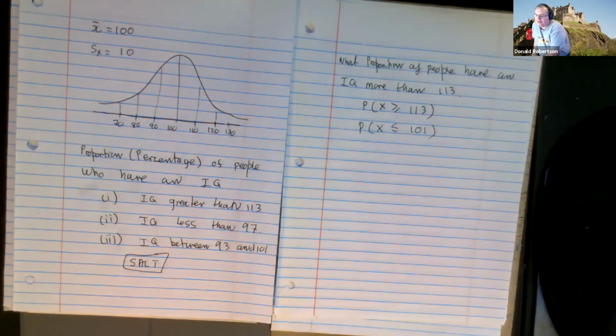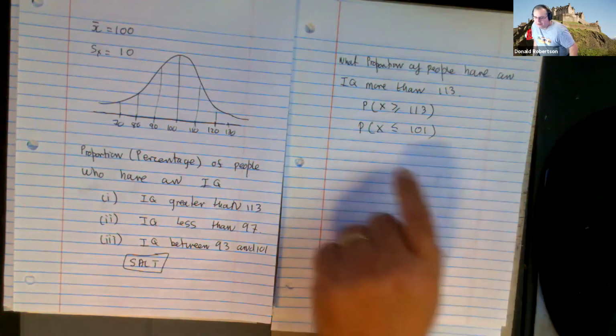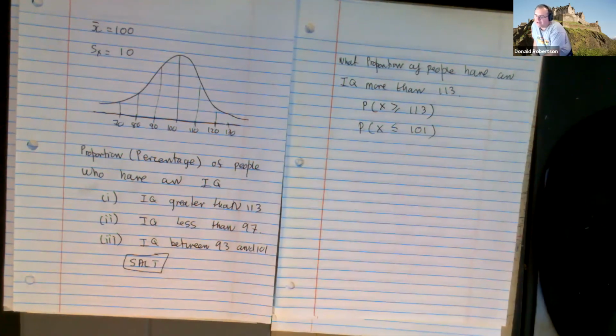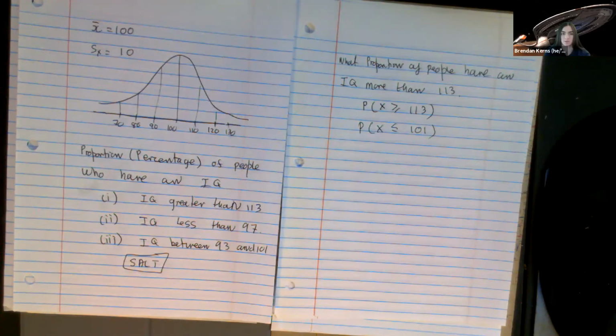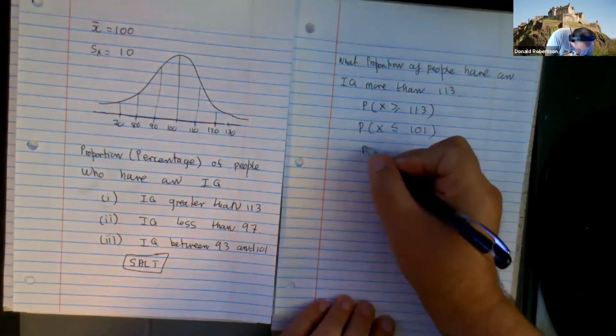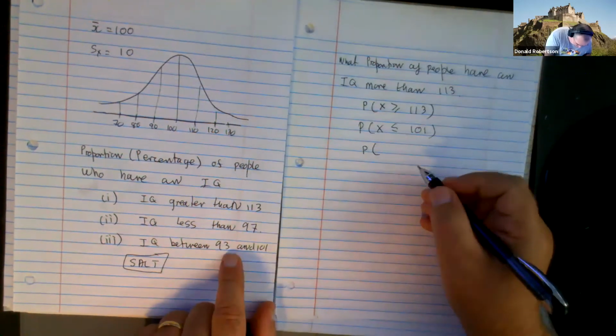If I just wrote that down, because you're not always going to get questions where everything's given to you in English, right? In later sections there are going to be questions that look like this. What would that be in English? What proportion of people have an IQ less than 101? The hardest one, or the weirdest looking one, would be this one.